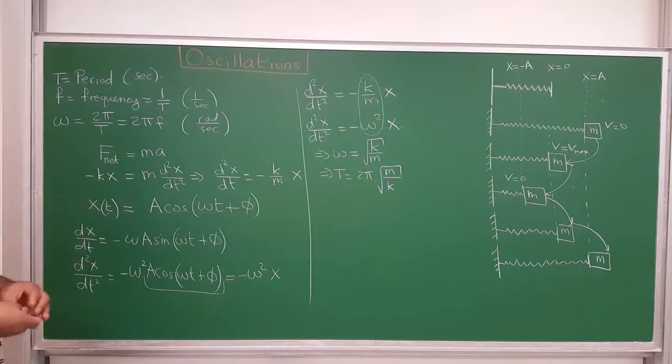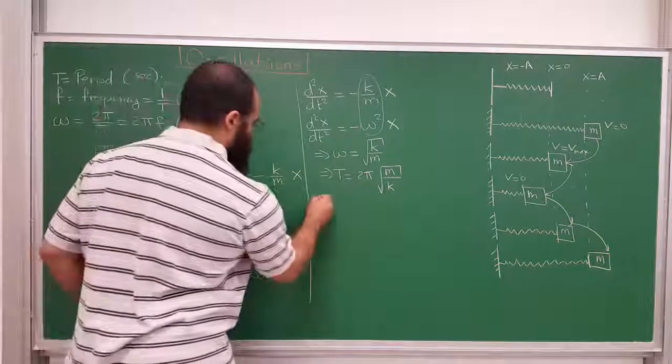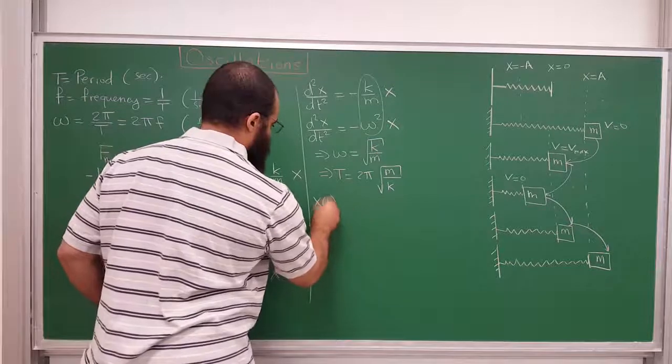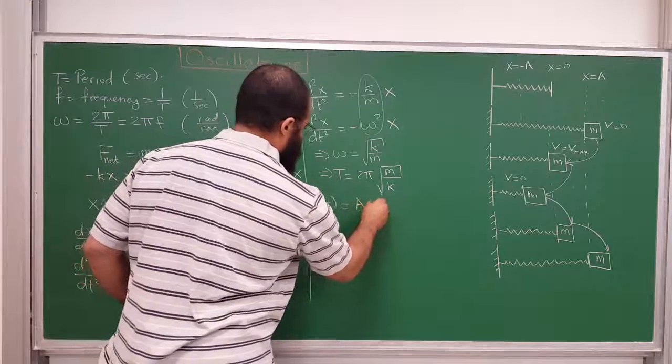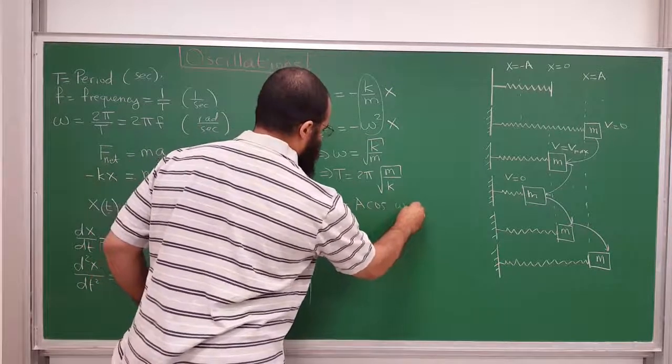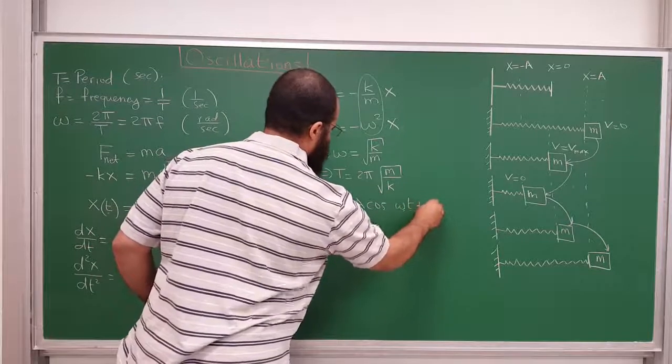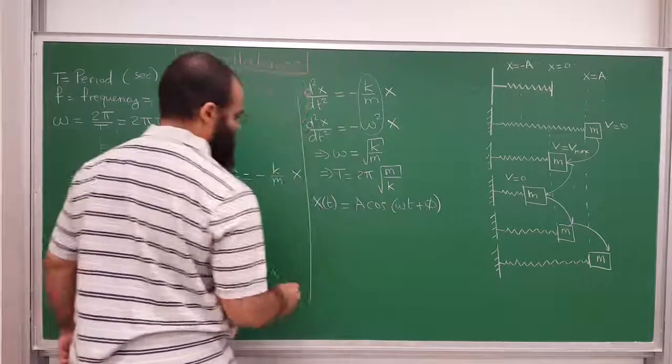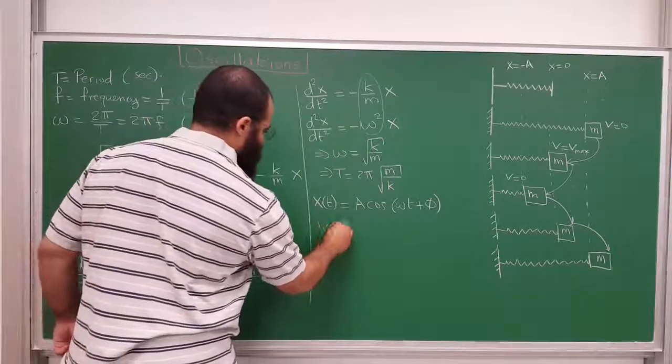Before I do an example, you can be asked, first of all, let me write it this way. The solution was x of t equal to A times the cosine of omega t plus phi. V of t, what's the velocity at any time?